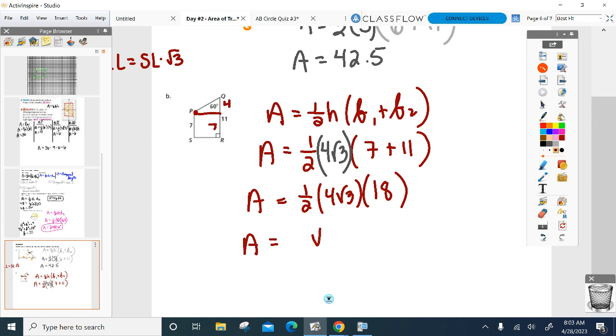So leave the radical 3 in your answer. 1/2 times 4 times 18. You can multiply all the numbers. It's just I can't multiply the radical at all. So what are we getting there? 36 radical 3.